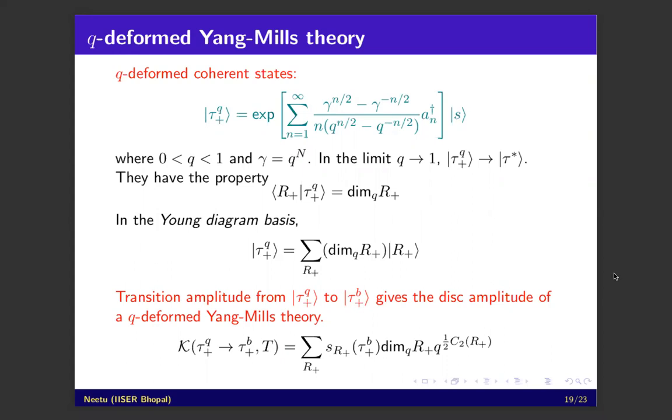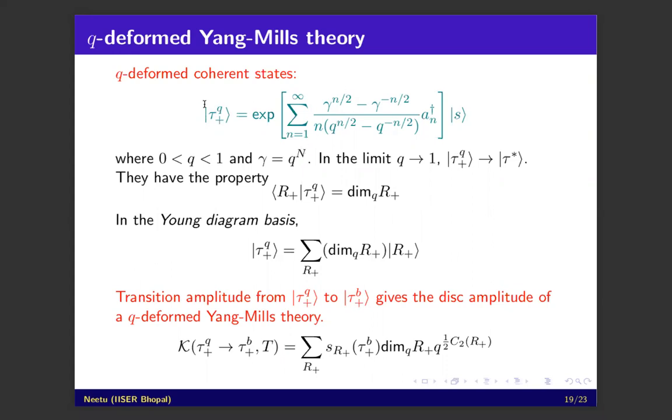So to get these states, is the guide this equation that you were showing, or do you have some other guiding principle to write the state for a particular Riemann surface?